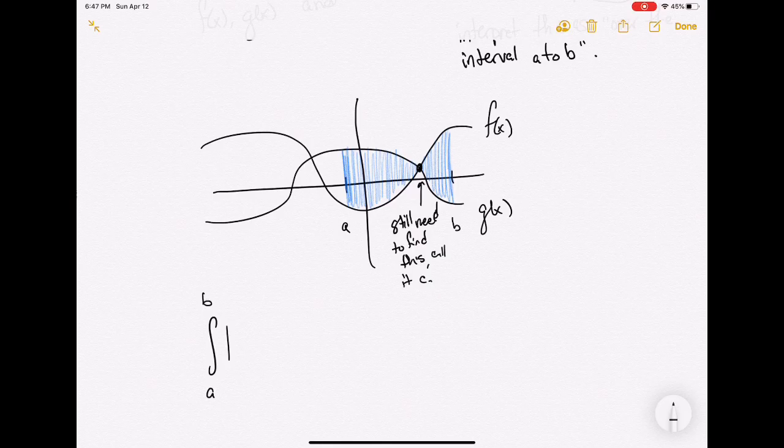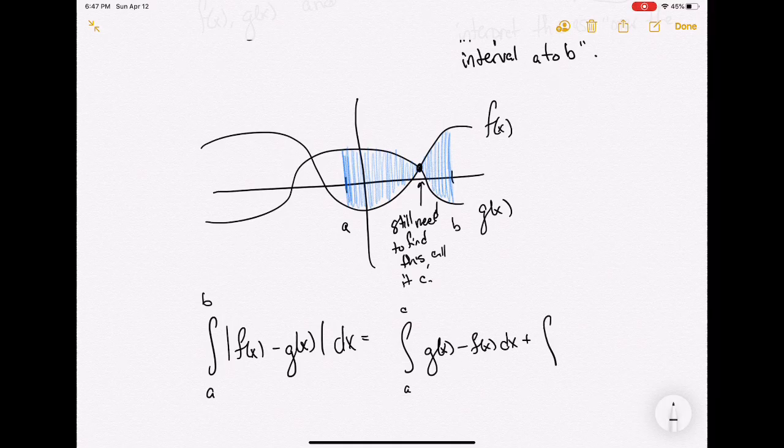This formula will never do you wrong, but it just doesn't make as much sense as saying, in this case, the integral from a to c of g of x minus f of x dx plus the integral from c to b of f of x minus g of x dx.